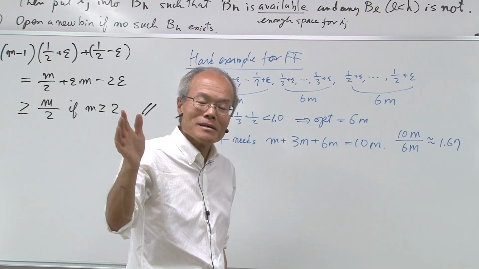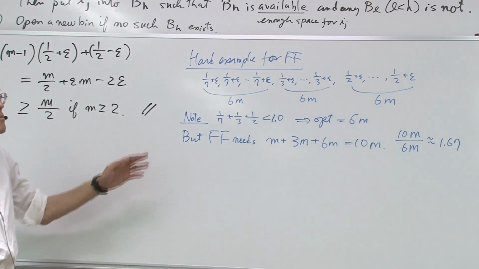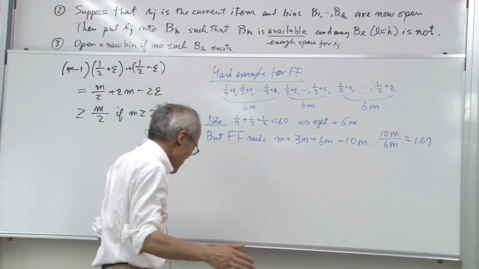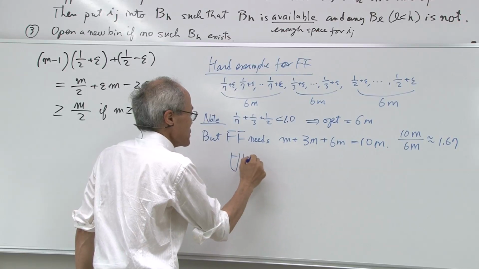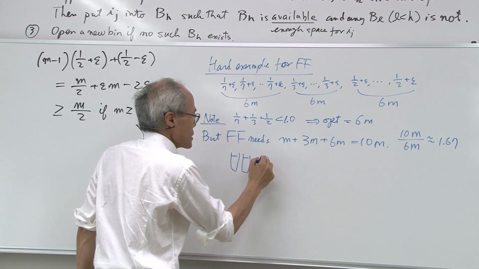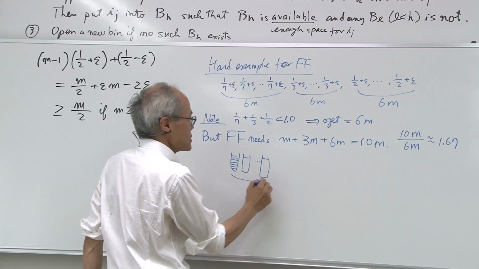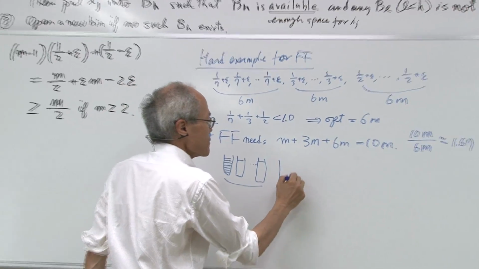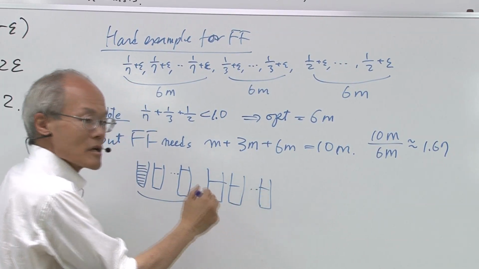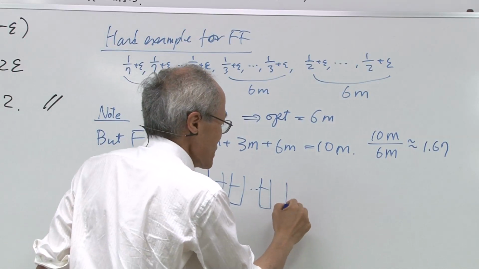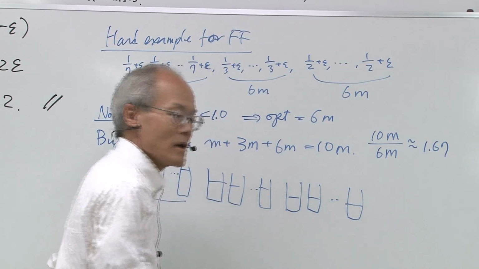Remember, we are now doing first fit. After putting those items, the first bins are pretty full, 1, 2, 3, 4, 5, 6, 7 items. The second group is not very full, something like 2/3. The third group is very unfull, only 1/2.